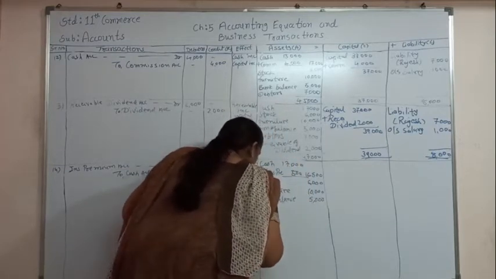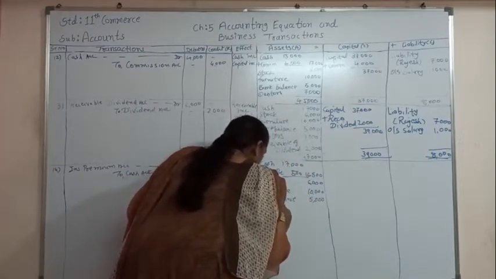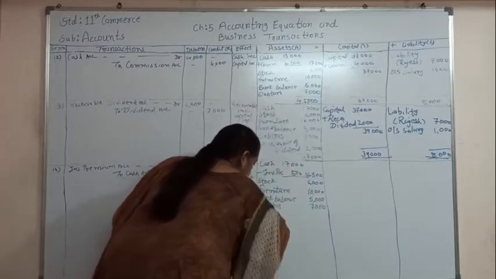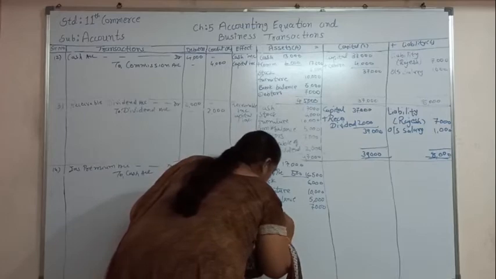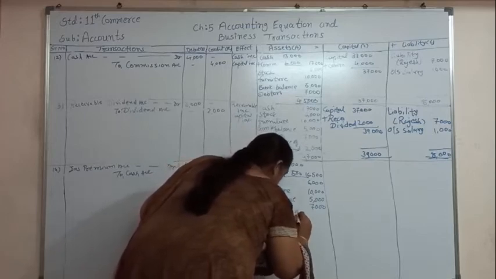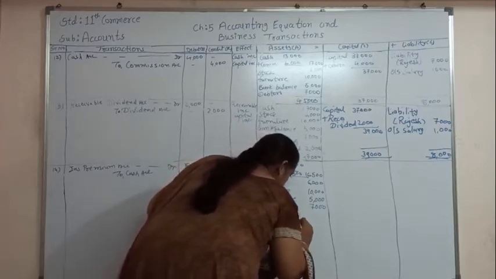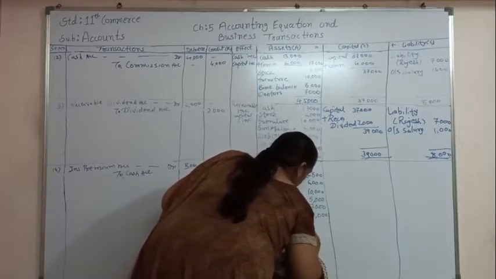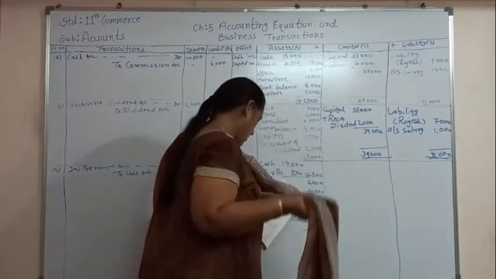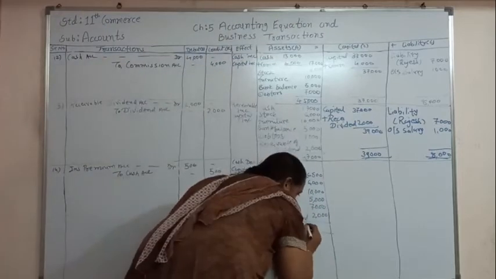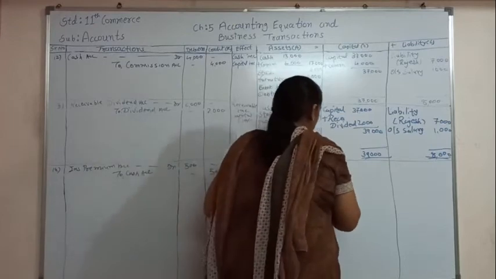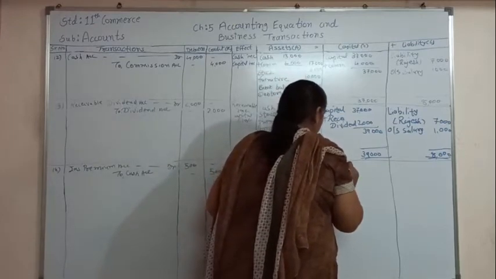Then debtors 7,000. And receivable of dividend, it will be 2,000. So here we can see that total of this will be 46,500.